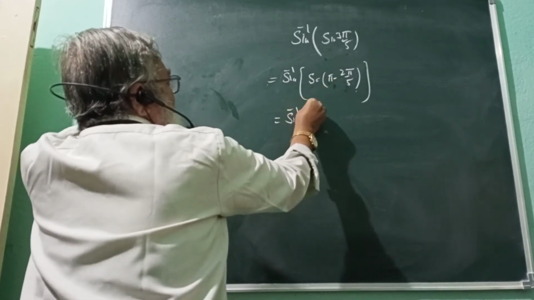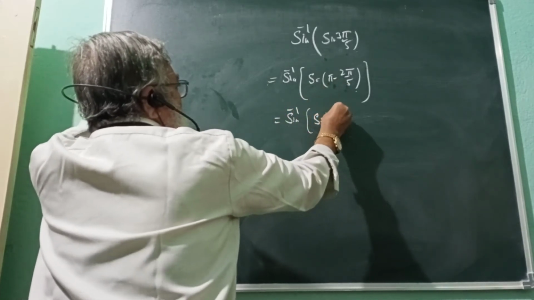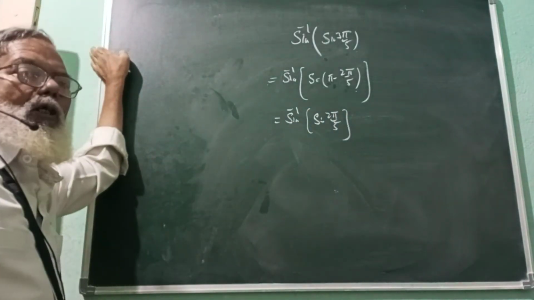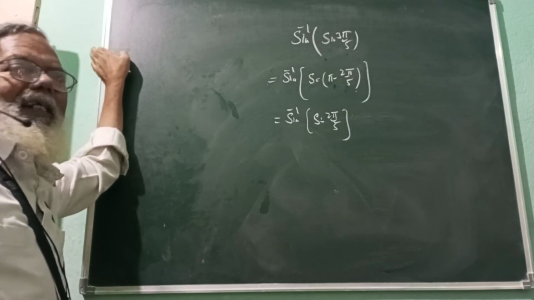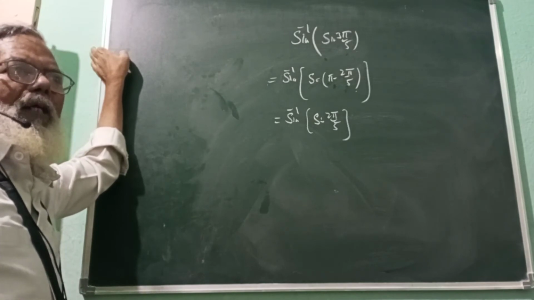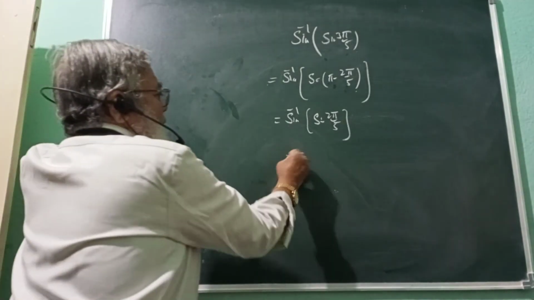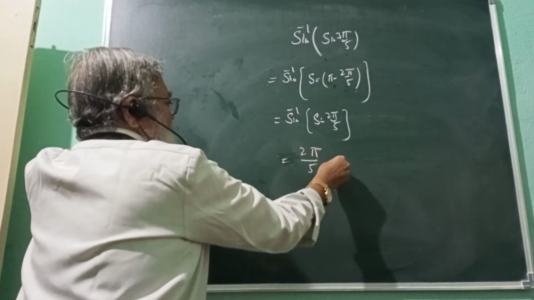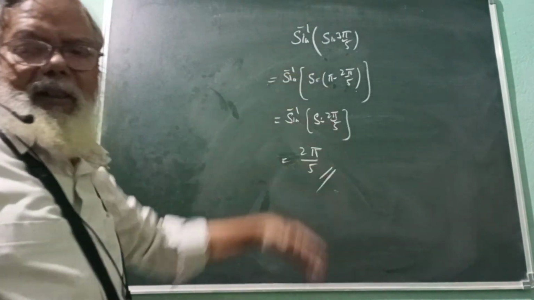That is nothing but sin of 2 pi by 5. And now you can see the value 2 pi by 5 is in the range. It is between minus pi by 2 to plus pi by 2. We can cancel it. Our answer is 2 pi by 5. This is the actual value of this given problem.